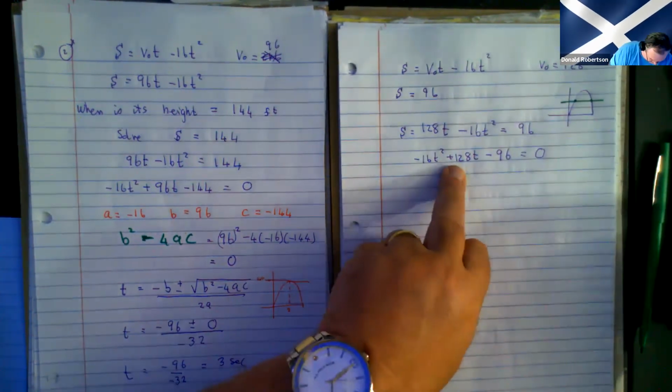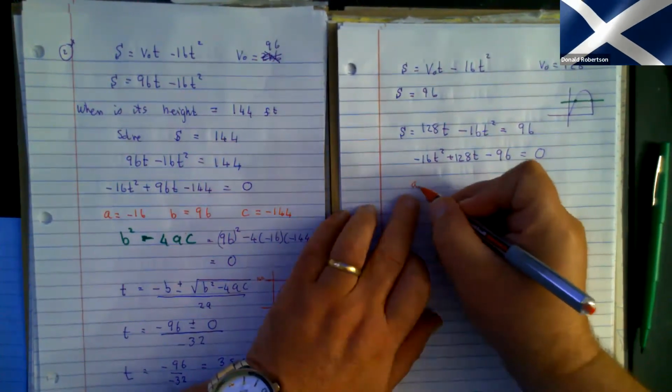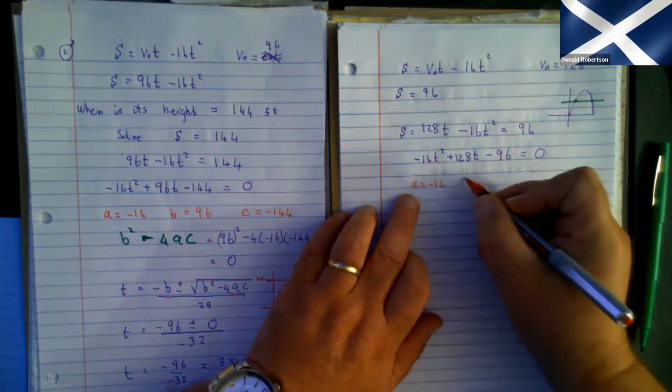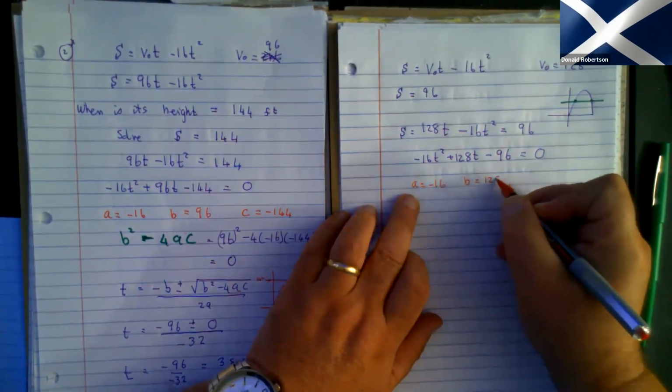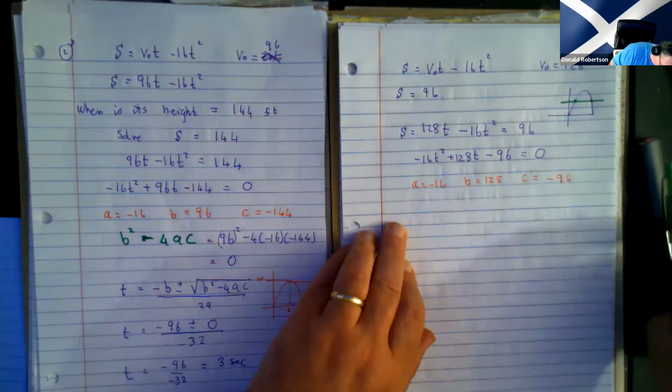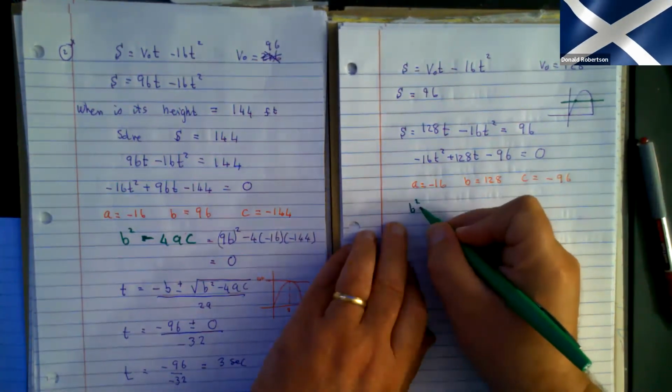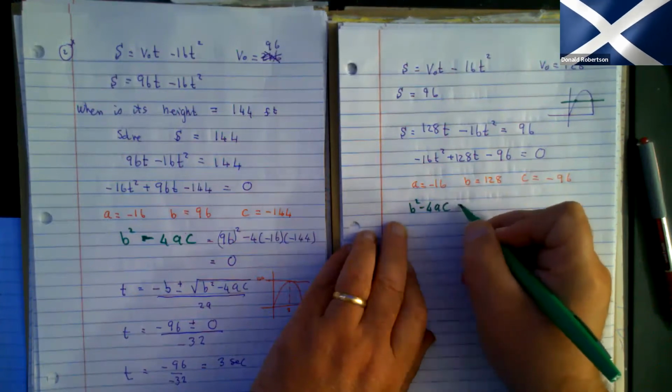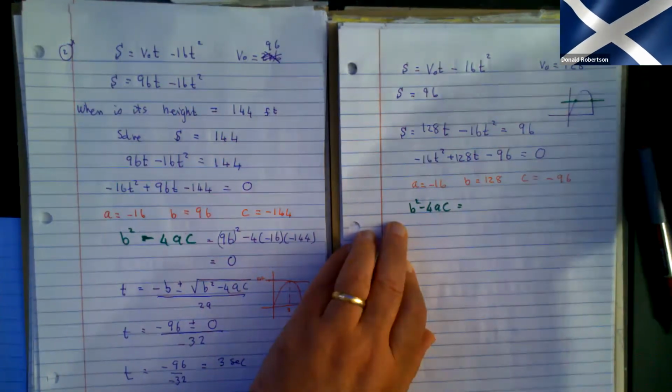So I'm not going to try and factor it, it's just impractical. So I'm going to use the quadratic formula with very messy numbers. I'm going to calculate the b squared take away 4ac part, so I always do first.